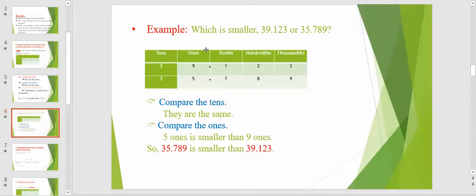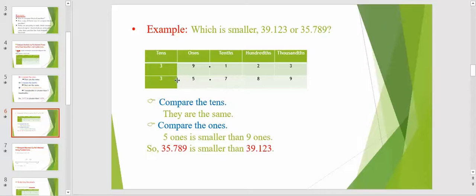We have tens, ones, tenths, hundredths, thousandths. So 39.123 we write like this: 3 in tens, 9 in ones, 1 in tenths, digit 2 is in hundredths, digit 3 is in thousandths. And for 35.789 you write like that.